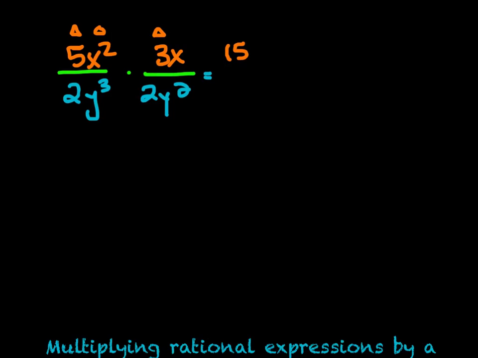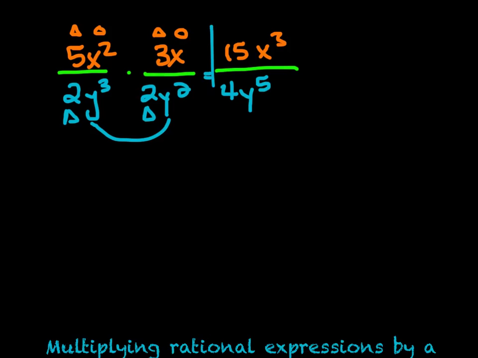We have x squared and x, so we have 3 x's, over 2 times 2, which is 4, and y to the third, y squared equals y to the fifth. I don't see any more simplification because 5 cannot be divided by 4 without having a decimal. X and y's are in different places from the top and the bottom, so here is our final answer for that problem.